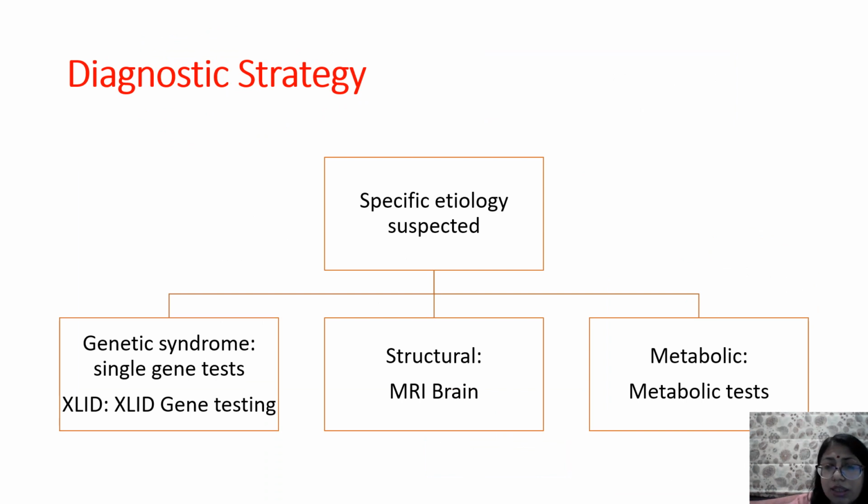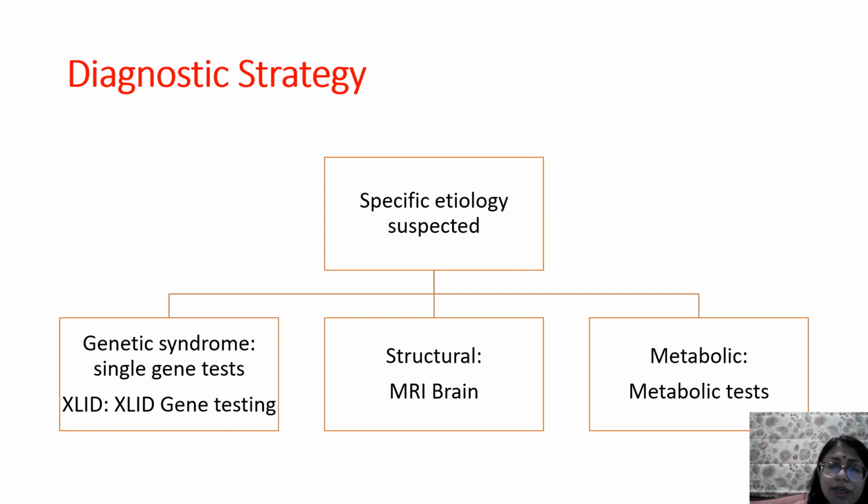So if we are suspecting a specific etiology, then depending upon the suspicion, we choose the test. If it is a genetic syndrome caused by a single gene, for example X-linked intellectual disability, which we suspect if more than 2 male children in the family are affected with intellectual disability, we do the targeted testing for the X-linked intellectual disability gene.